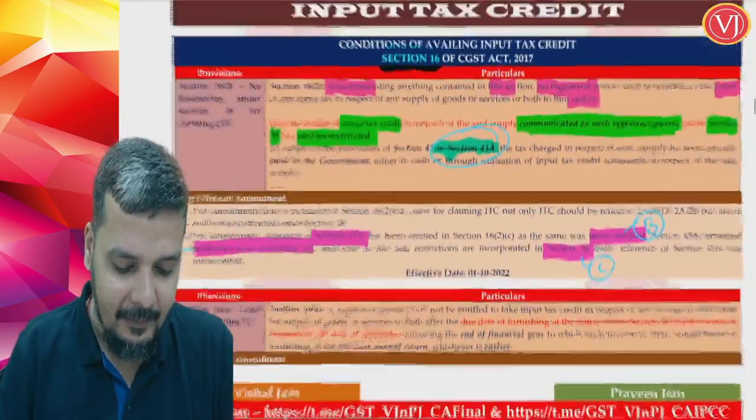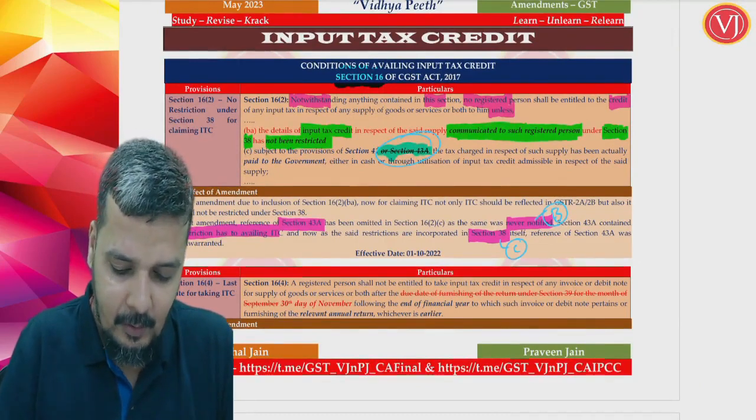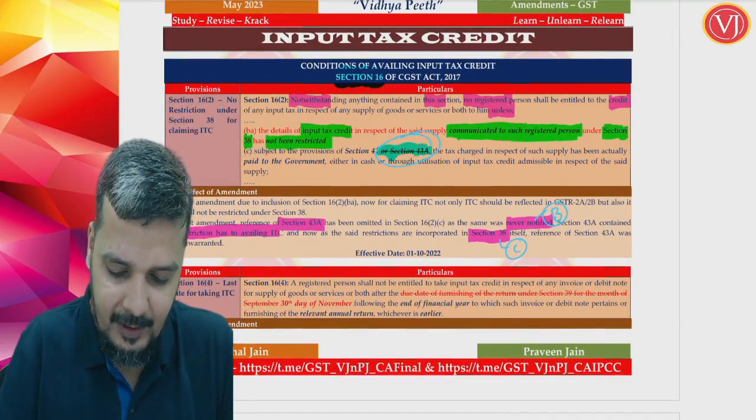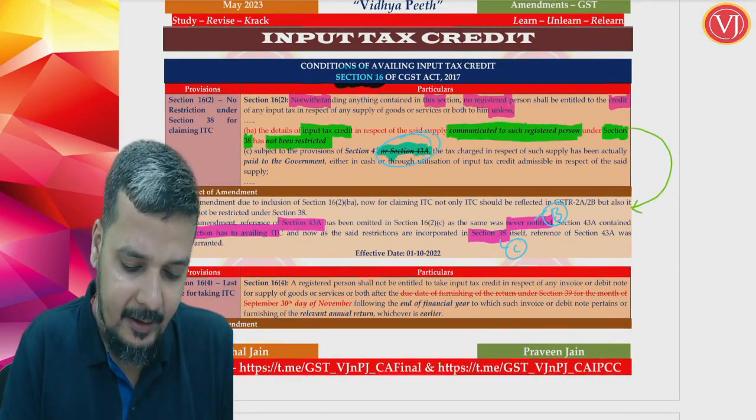So basically, you have one extra condition being added. What is that extra condition? It is for taking the credit.